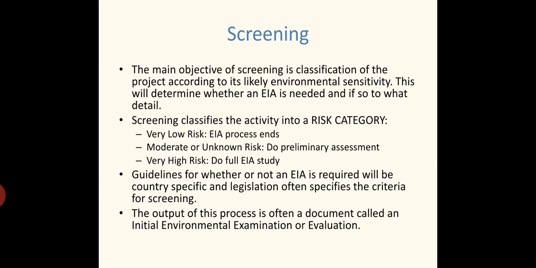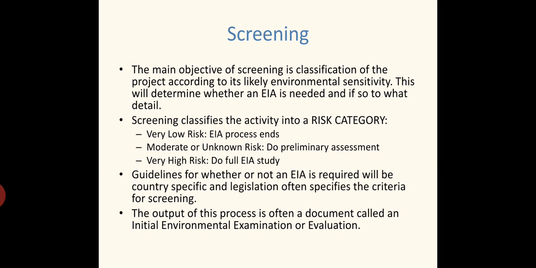In this stage they will decide whether the environmental impact assessment process is required or not. So based on this screening they will be categorizing the activity into a risk category, like very low risk category. If it is coming under very low risk category, then the environmental impact assessment process ends. There is no requirement to do the environmental impact assessment procedures. Directly the permission will be granted.